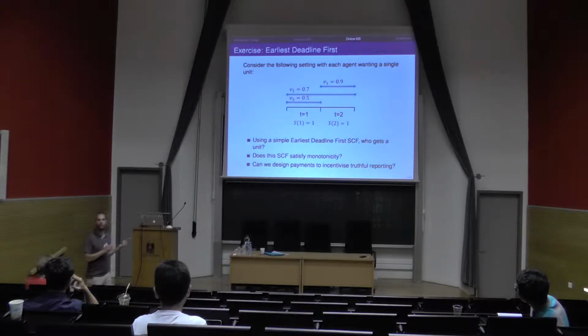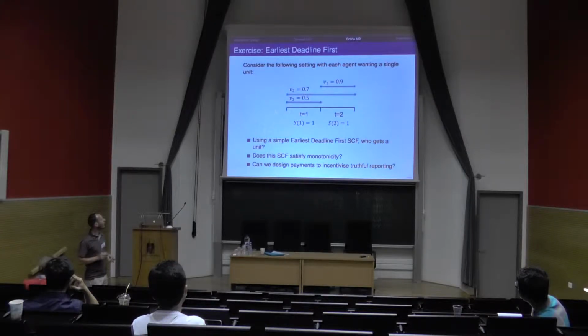It would get allocated, whereas an agent which has more flexibility, the real agent that's here, is not going to be allocated. That's the key here. So this is how you break monotonicity.